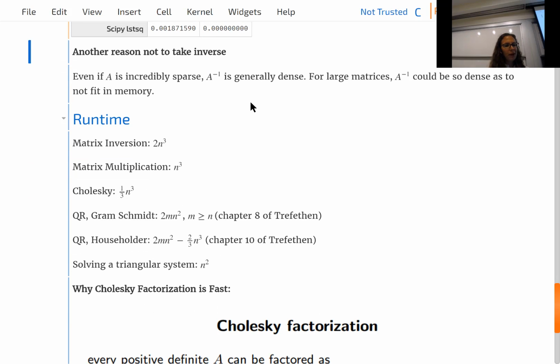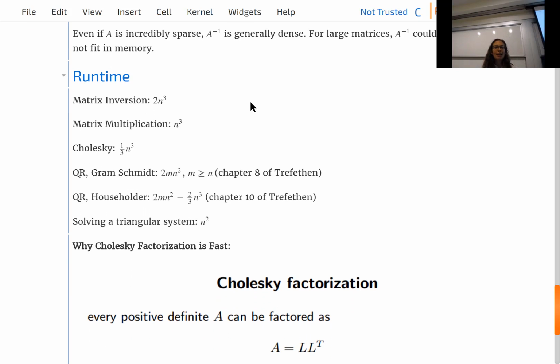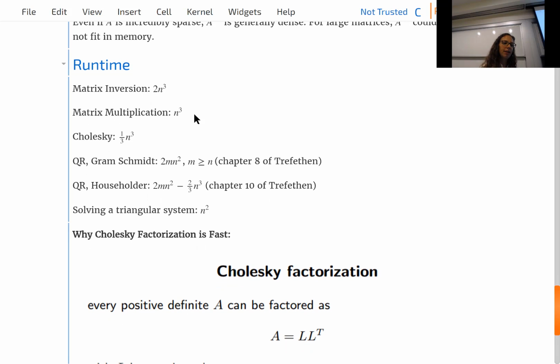I wanted to talk a little bit about runtime. This is not exactly big O because I've included constants here. Normally you drop the constants, but I wanted to show them because here most things are n cubed, so it matters what the constant is.